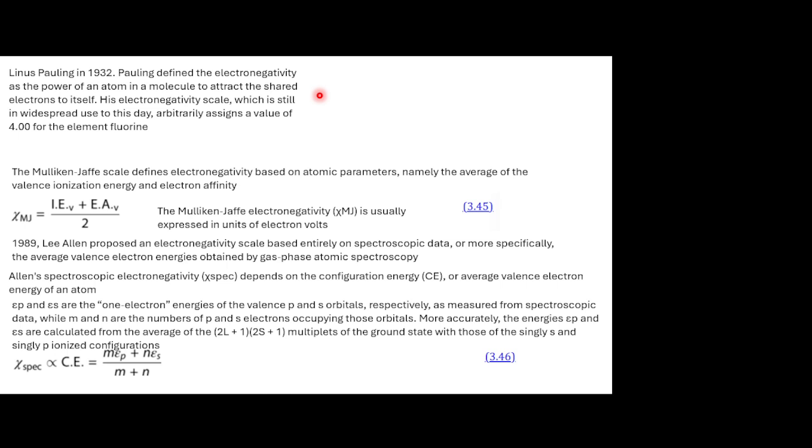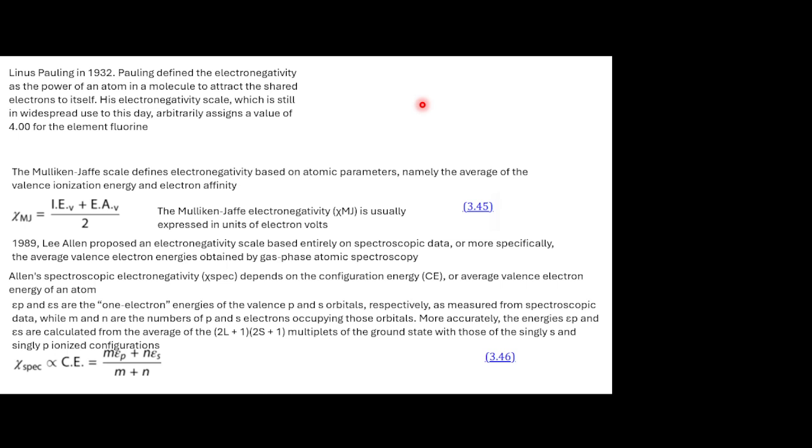In one of his Nobel acceptance speeches, he attributed his success to model kits. Okay, so he defined electronegativity as the power of an atom in a molecule to attract the shared electrons to itself. His electronegativity scale is still the one that's almost in exclusive use in every chemistry class I've ever seen.